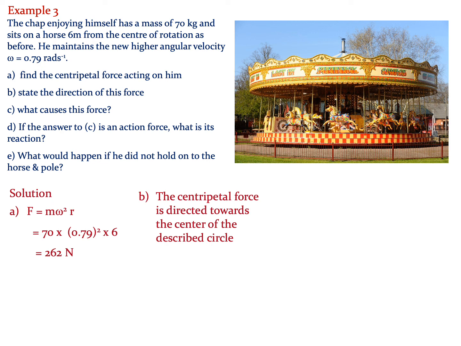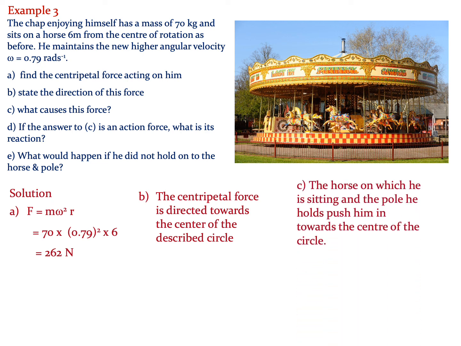So looking at his situation, what could possibly be exerting a force in towards the center on this chap? Well, the answer is that it's the horse on which he's sitting, and possibly the pole that he's holding onto, that are pushing him in towards the center of the circle. If you imagine yourself sitting on one of these horses, you might be able to feel that sort of force which is pushing you in.